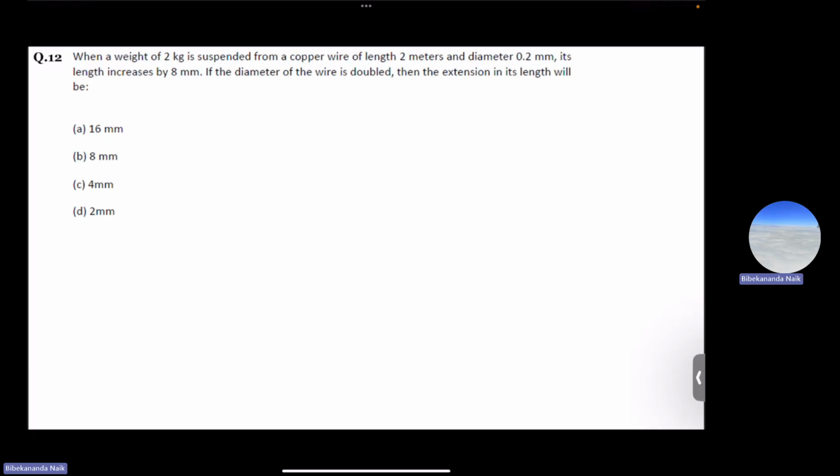So this is a wire that is suspended by some weight, and this is 2 kg.